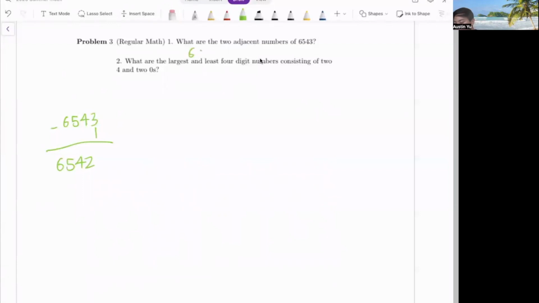So we write 6,542, and then 6,543, which is the middle number. And then this time we need to add 1. If we add 1, we get 6,544, which is 1 greater. And these are the two adjacent numbers of 6,543.